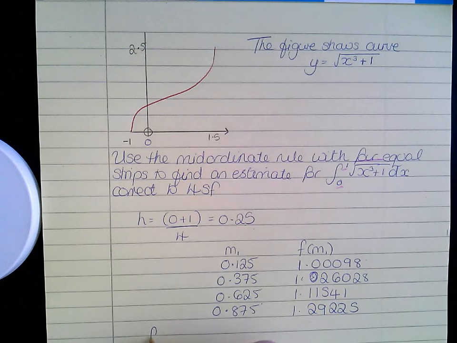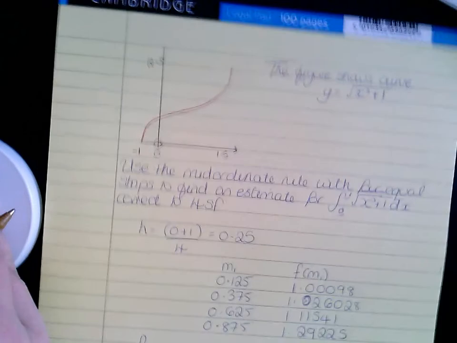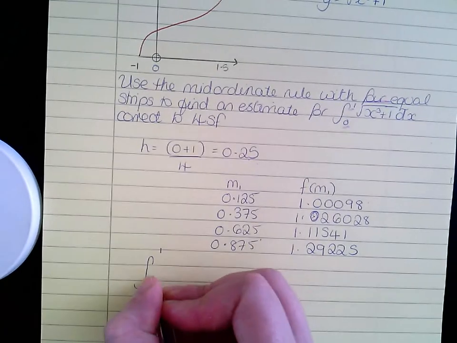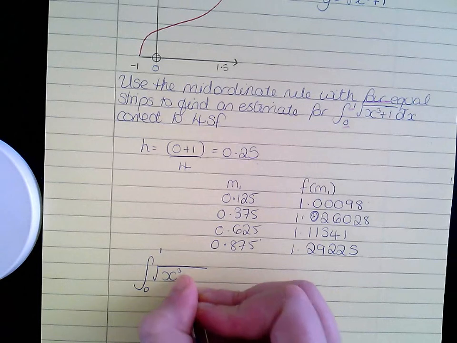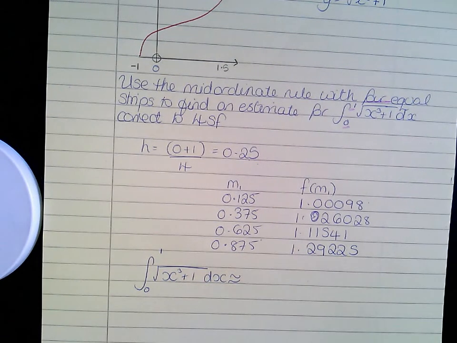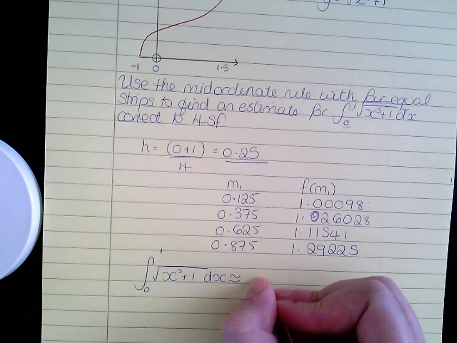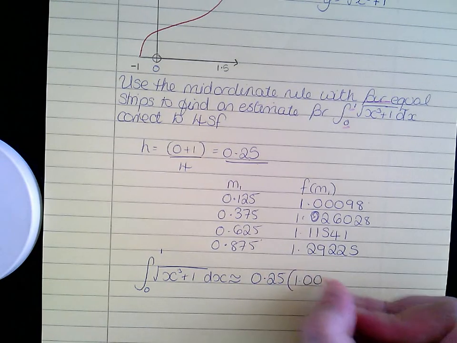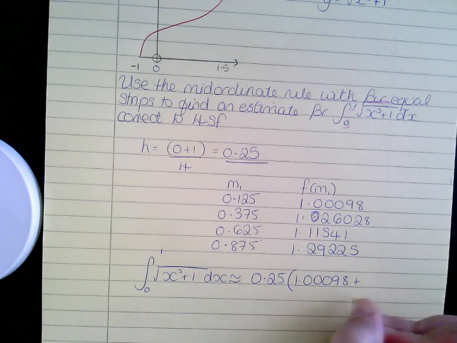So the integral, I'm going to scroll this down a second, between 0 and 1 of the square root of x cubed plus 1 dx is approximately, don't forget these are rectangles, so we take the width of the rectangle, 0.25, and we're going to multiply it by each of the heights.